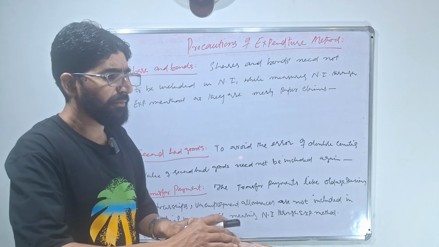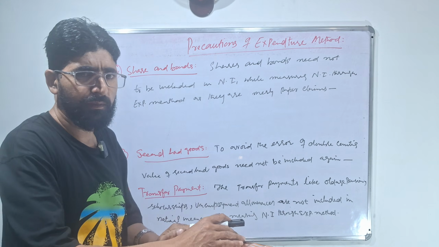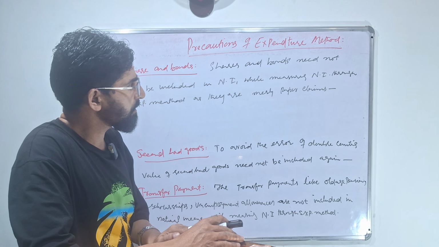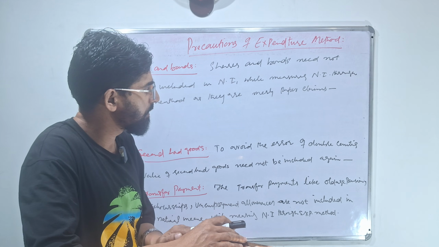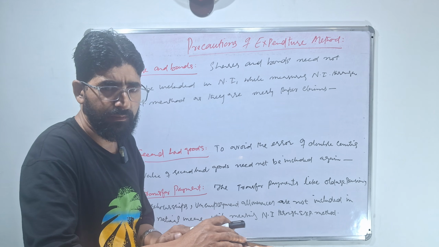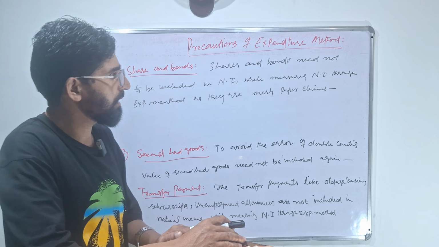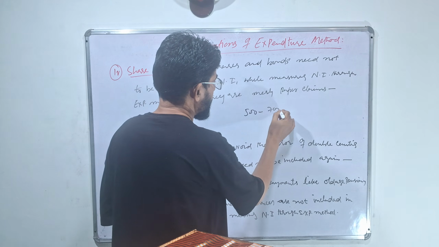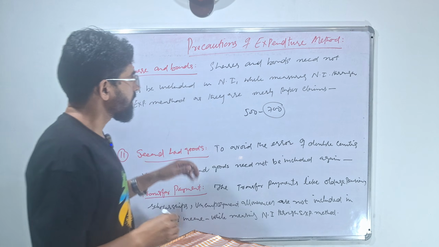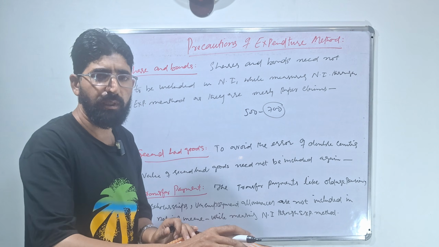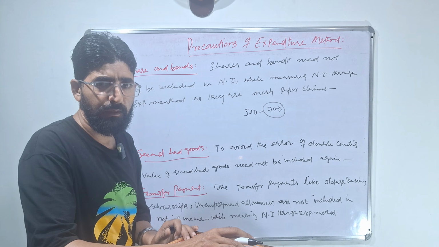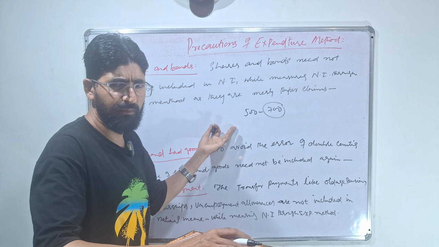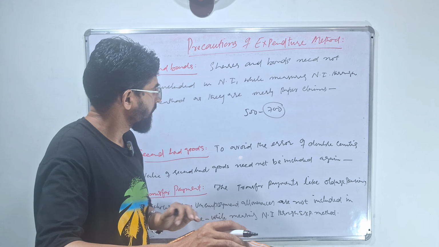For understanding purposes, shares and bonds are like a cheque. When we receive a cheque, something is written on it, for example 500 or 700. Like this, shares and bonds are sold in the market, like a financial paper.